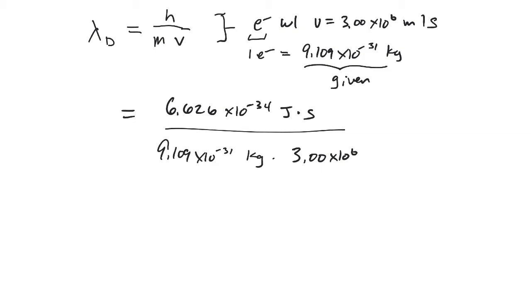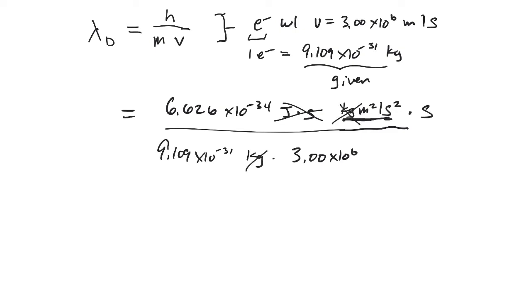Now let's think about units for a moment. A joule is a kilogram meter squared per second squared. E is equal to mv squared, so you might remember those units. And then times seconds, so this here is just the joule, and then joules times seconds. I've rewritten my units here. That shows me I wanted the mass to be in kilograms.